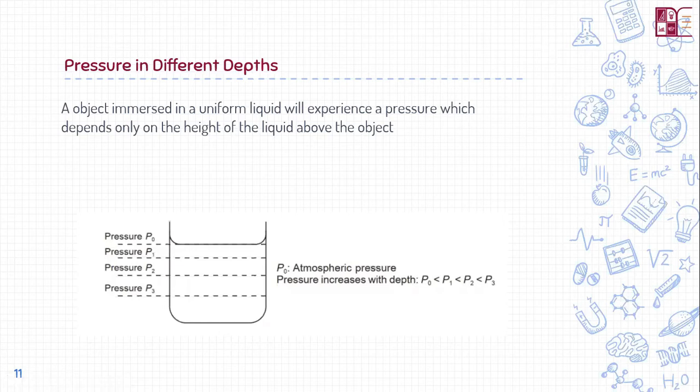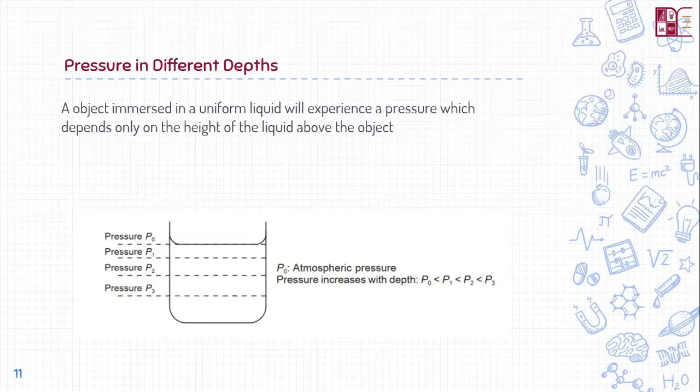An object immersed in a uniform liquid will experience a pressure which depends only on the height of the liquid above the object. So, atmospheric pressure at the top, as you go down, pressure will start to increase. The change in height will give a change in pressure.